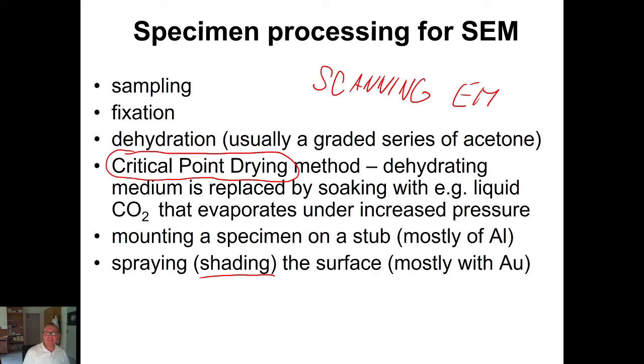So shading is in fact covering the surface by a very thin layer of heavy metal, usually gold is used here. So again, in this step we need special tools. So the scanning electron microscopy needs a little special and different equipment of the laboratory.